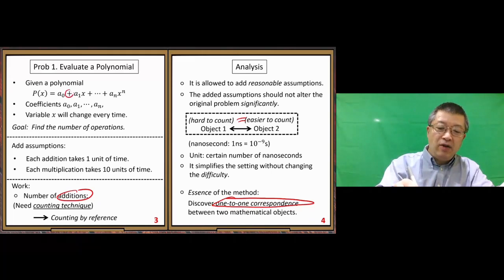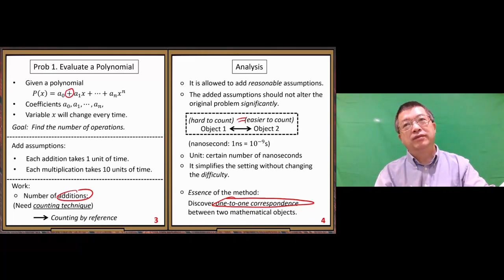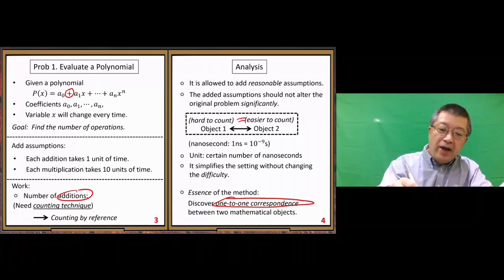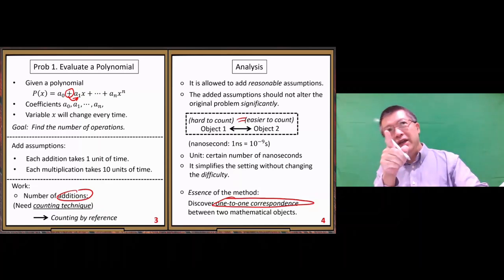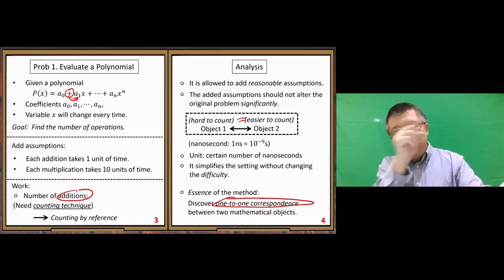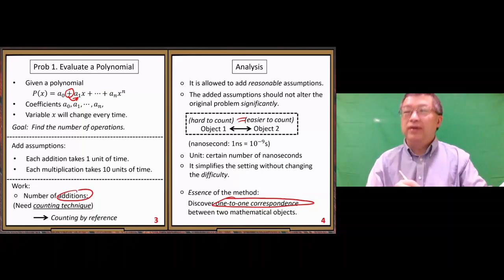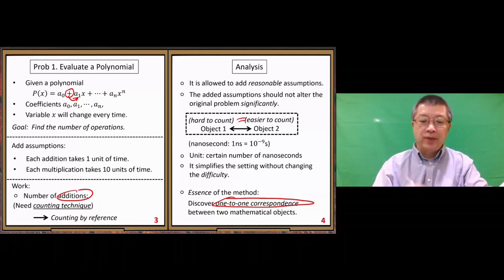Look here, there is one addition, right? This plus sign means one addition. Can I connect this plus sign with the subscript of A1? The first plus sign, I point it to subscript 1.